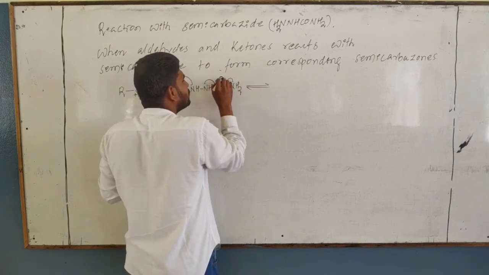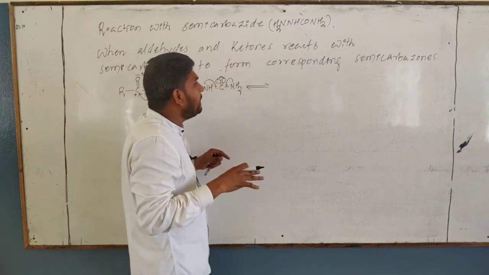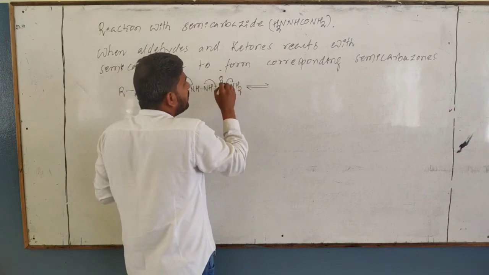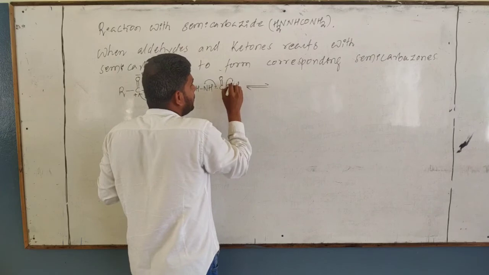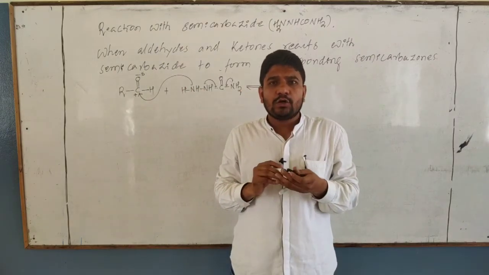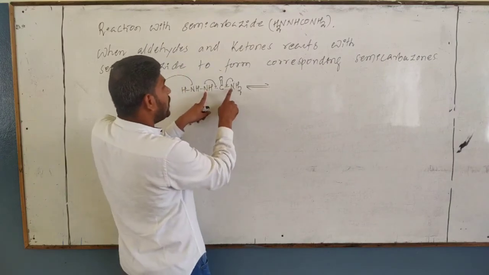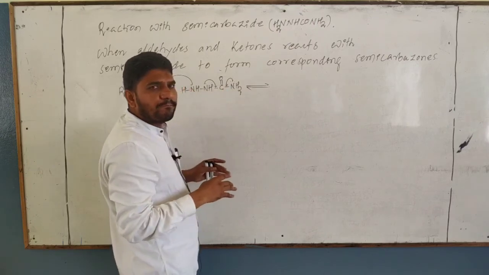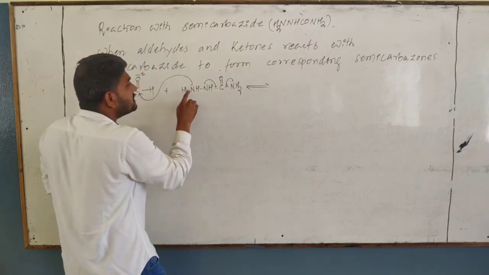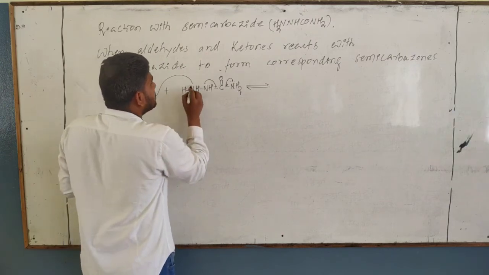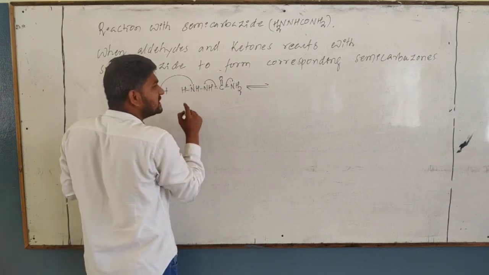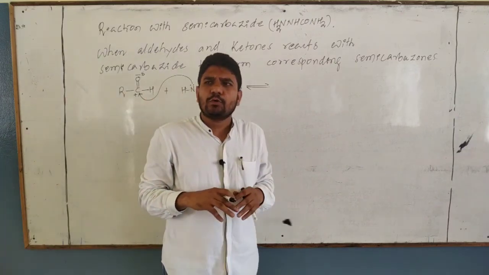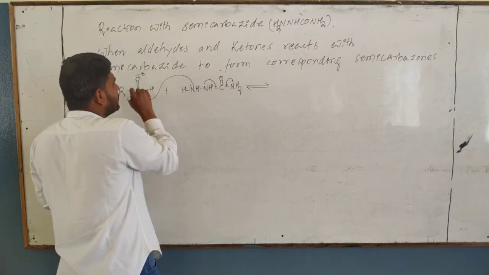Delocalization with the pi electrons of the carbonyl group, so that these two lone pairs of electrons present on these nitrogen atoms are not available for the attack. But this nitrogen, if you observe over here, this lone pair is completely free, because it is not involved in any delocalization, so this lone pair is used for the attack.